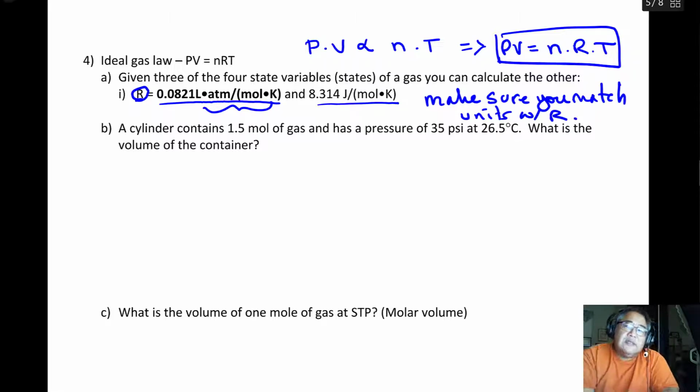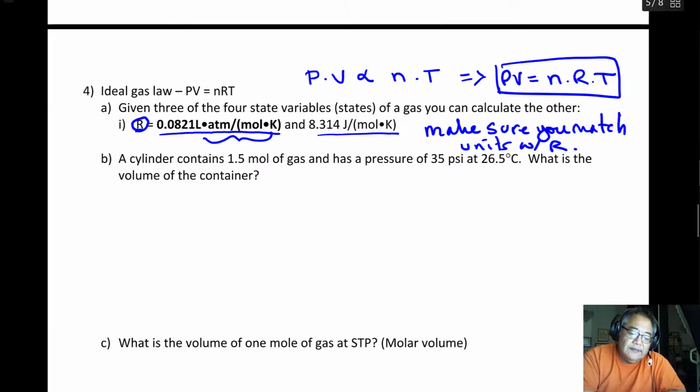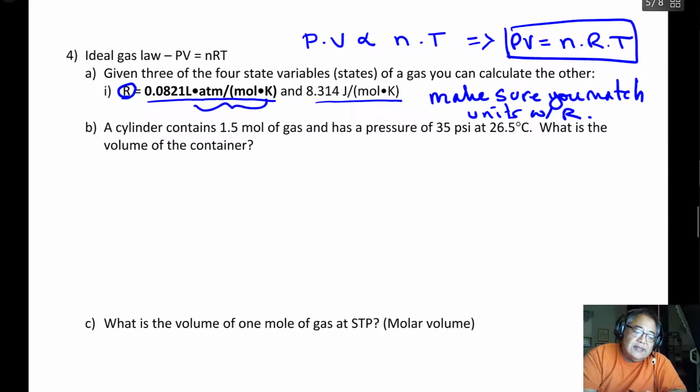This is one of those situations where you really do have to spend time writing all your units out. Okay, so it says a cylinder contains 1.5 moles of gas, has a pressure of 35 psi at 26.5 degrees Celsius. What is the volume of the container? So this is not like the previous problems where you have a pressure and ask what the pressure is when we make these changes.